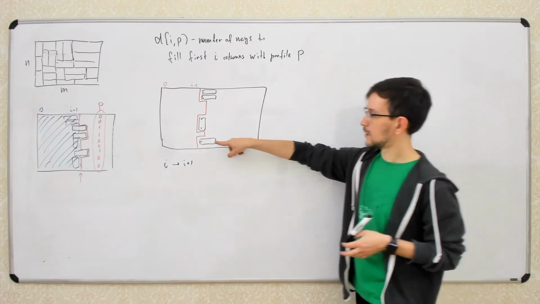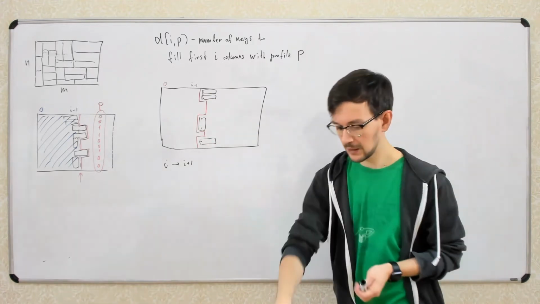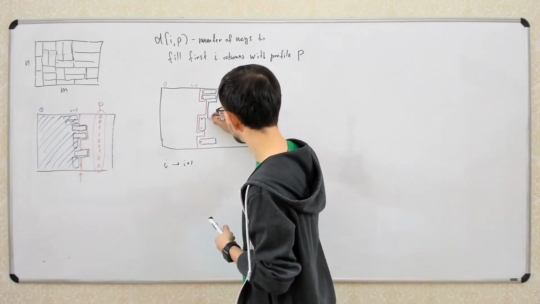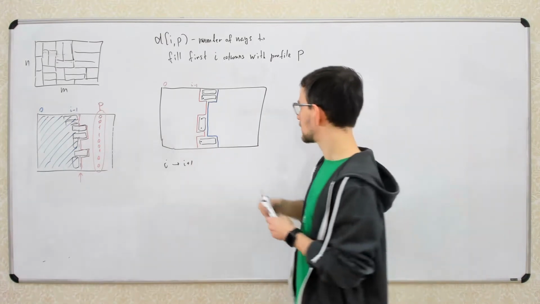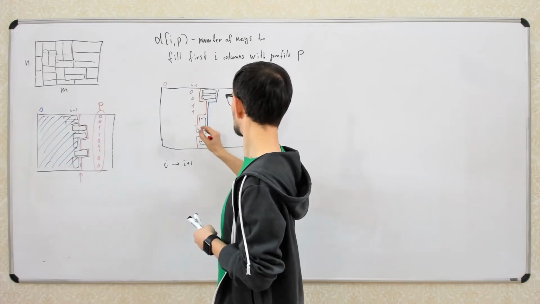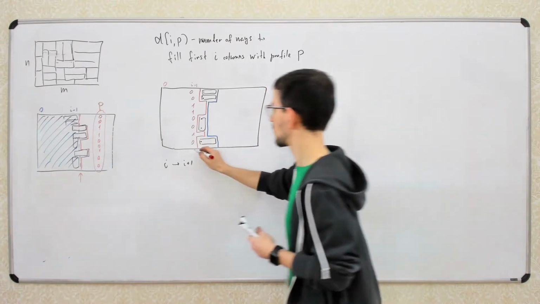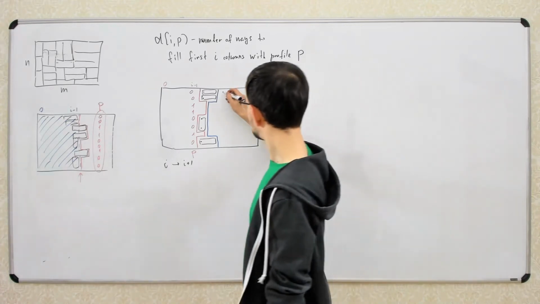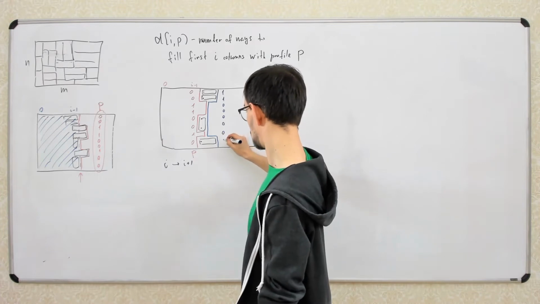So when you fill these empty squares, you will end up with some different profile. Let's have the new profile will be this. So we have this first profile. It was 0 0 1 1 0 0 1 0. This was profile P, and we have some new profile, 1 1 0 0 0 0 0 1.